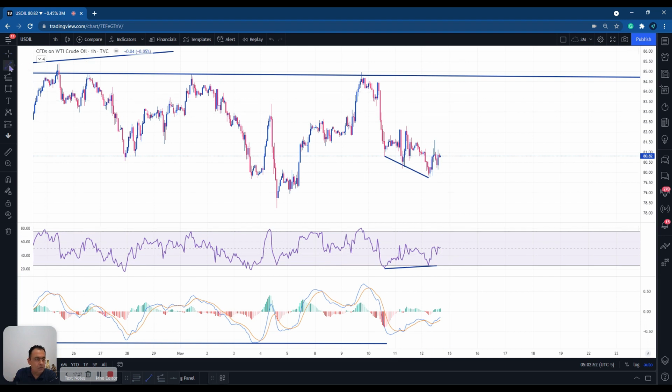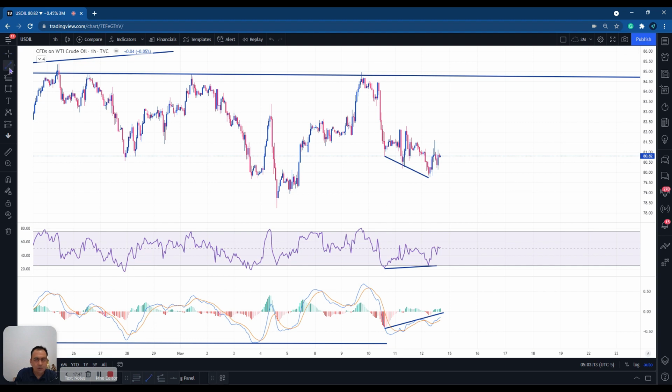Number two, a clear bullish divergence on MACD histogram as well as lines. So the bearish pressure is over and it's making way for the next bullish move.